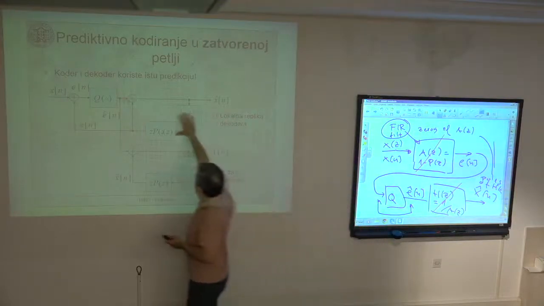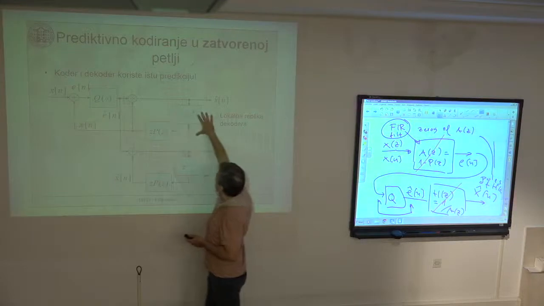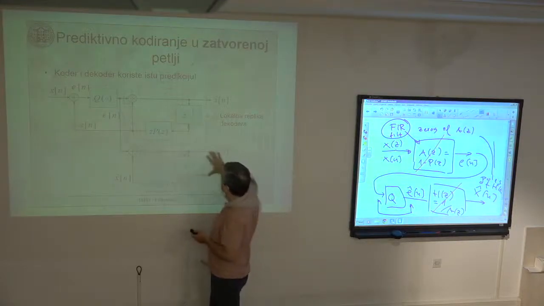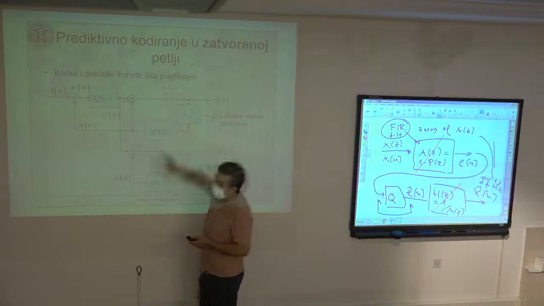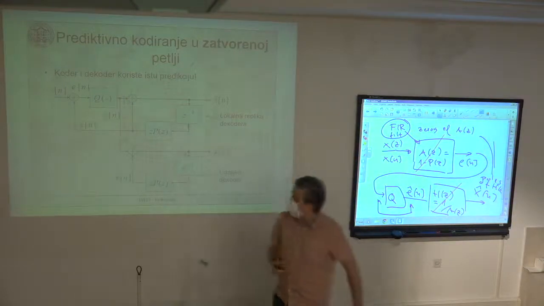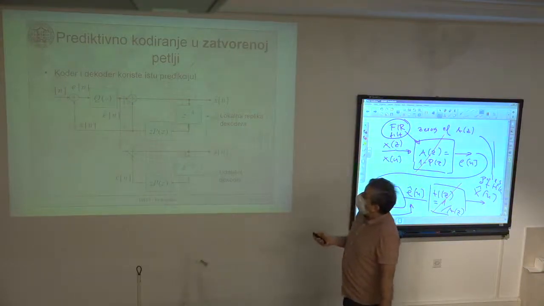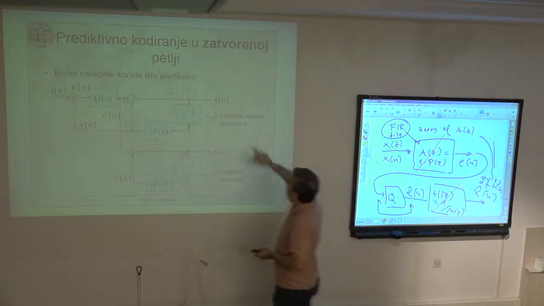So this upper part of the image is the transmitter, and this lower part of the image is the receiver. Now this here is simply replicated on the transmitting side. Why? Only to compute x tilde of n from the same source, and the source is x hat of n.